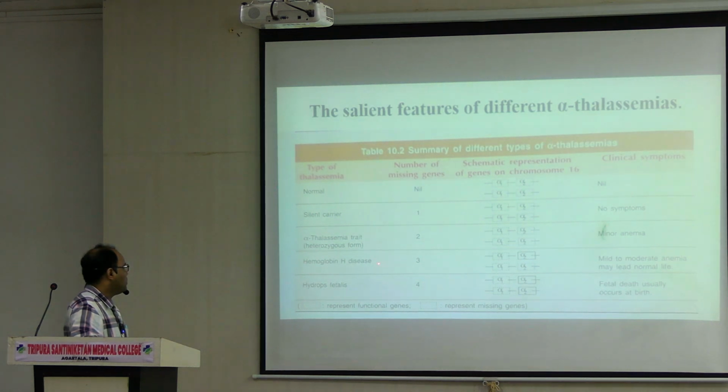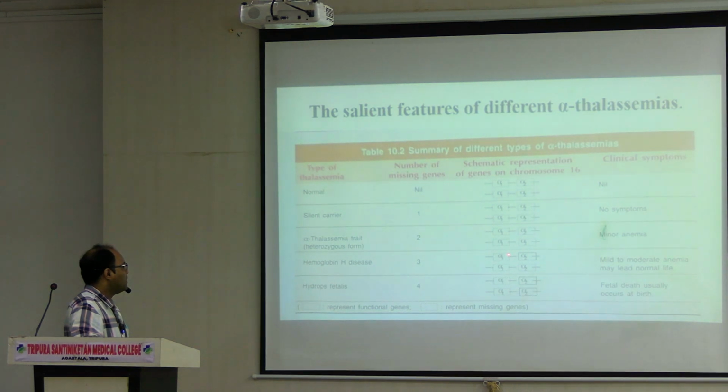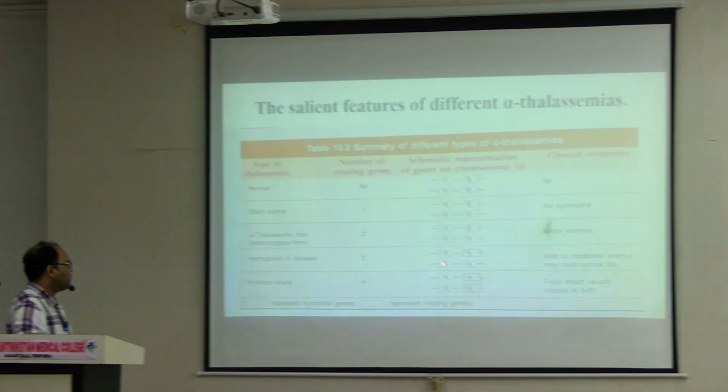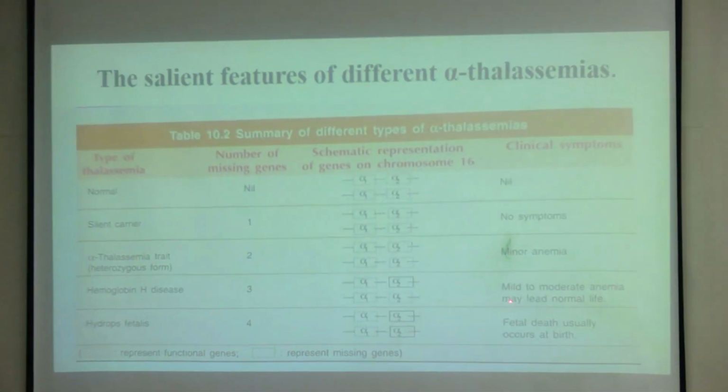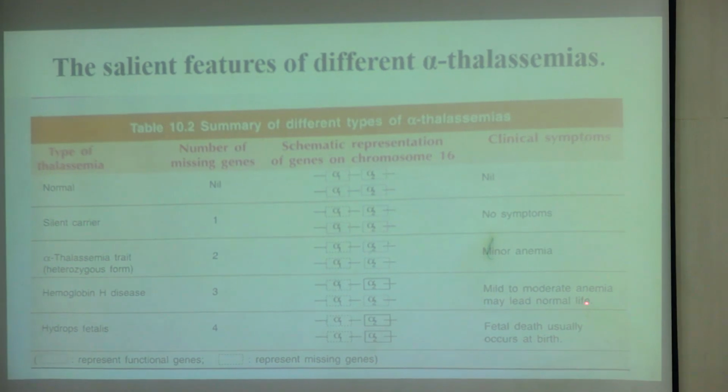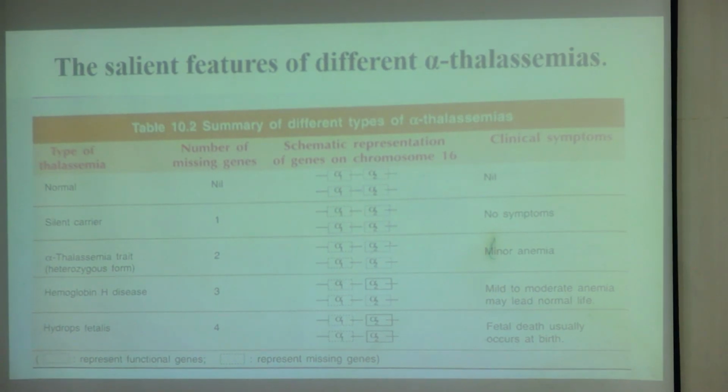In case of hemoglobin H disease, here alpha 1 and alpha 3 are absent. Both of one side are absent, but alpha 2 is there. Here mild to moderate anemia may lead to a normal life. Okay, trait and HbH are almost the same thing.